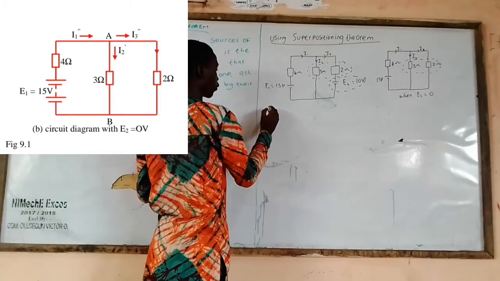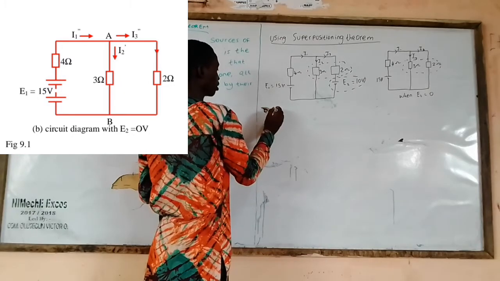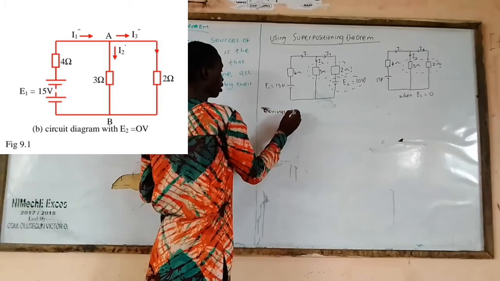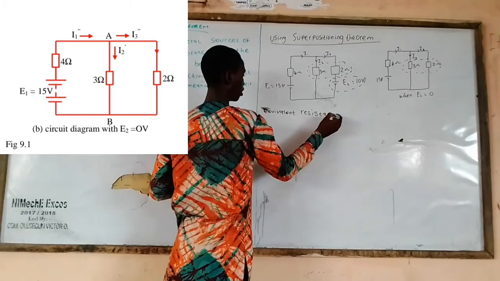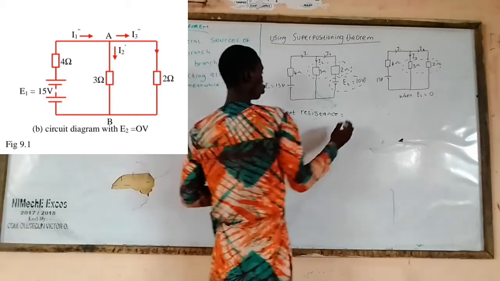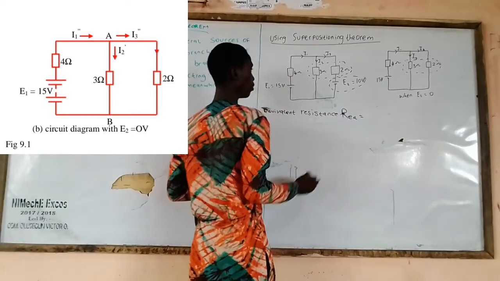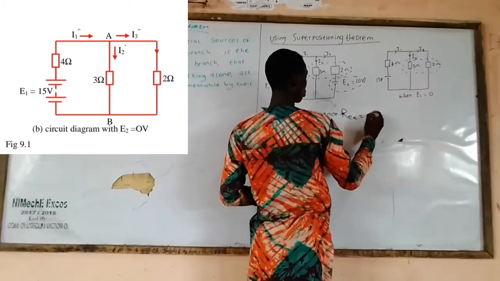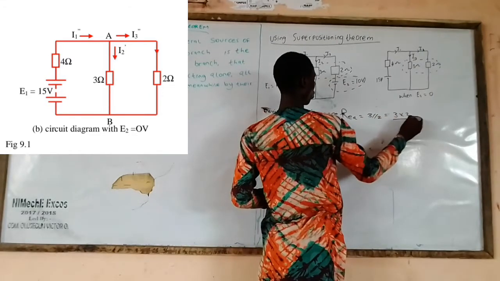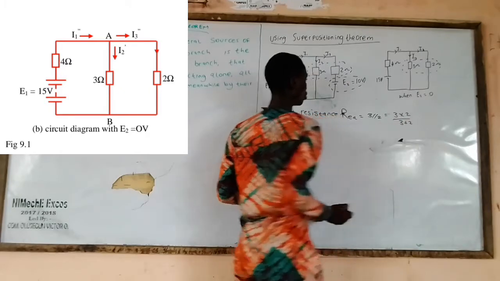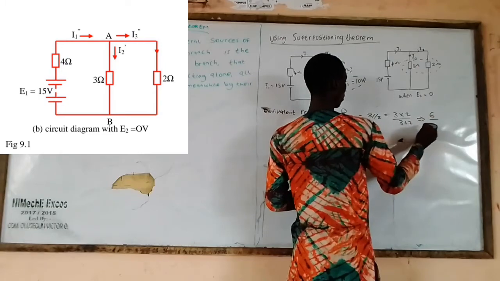You're going to have the equivalent resistance, which we know as R_eq, equal to 3 parallel 2. That is 3 times 2 over 3 plus 2. 3 times 2 is 6, 3 plus 2 is 5.